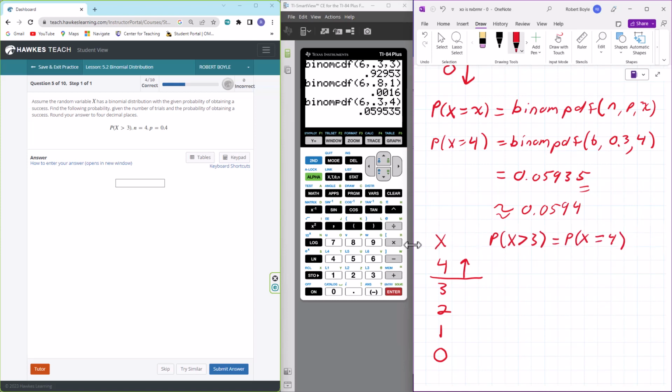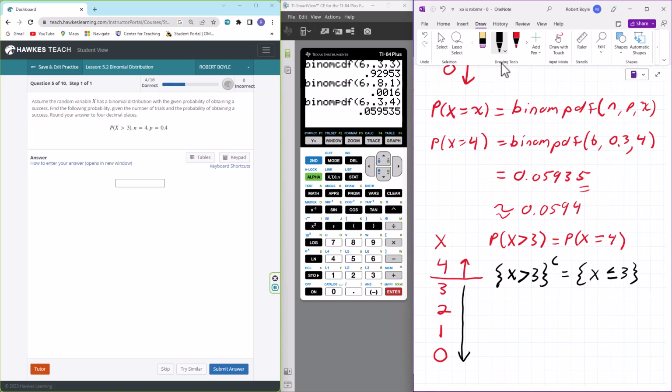Okay, the other way we can do that is by using complements. Remember, if this is the event x being strictly greater than 3, then this is its complement. So the complement of x greater than 3 is the set of all x's where x is less than or equal to 3.